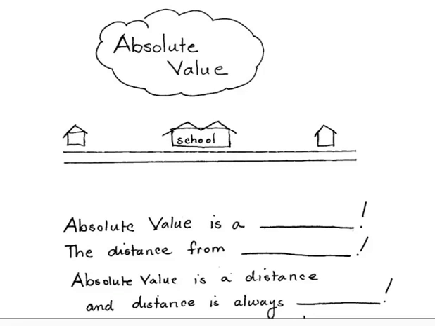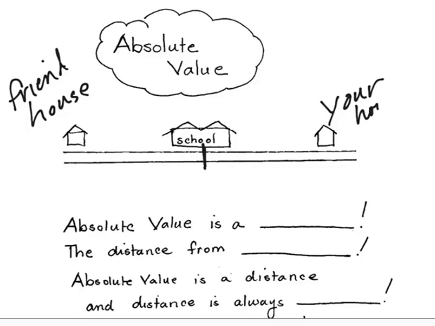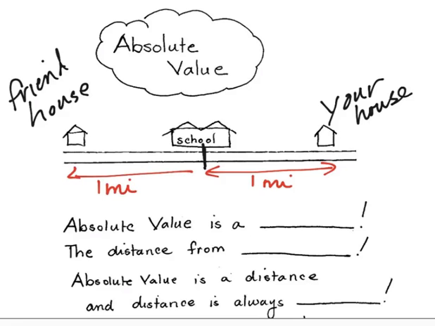We are starting to solve absolute value equations and inequalities, but you have to understand the basics of absolute value, so I thought we would just start there. If this were the school, right here, and this was your house, and this was your friend's house, and both houses were 1 mile from the school, that's absolute value.